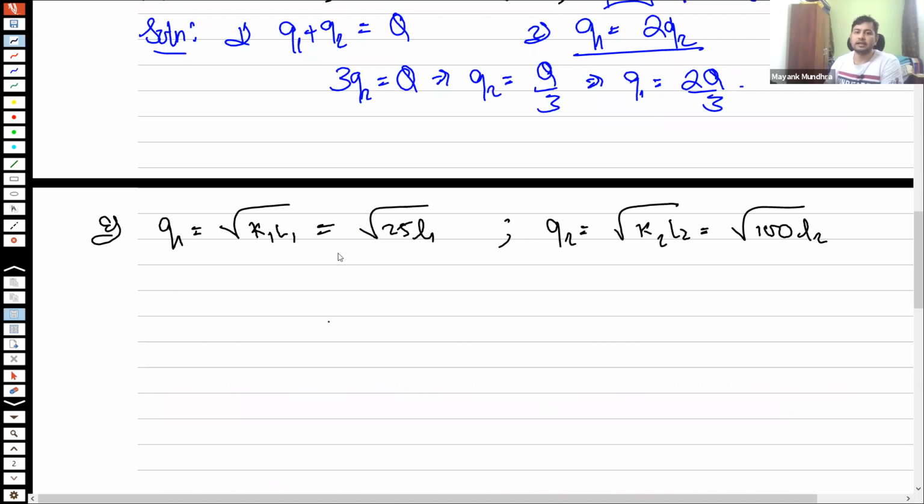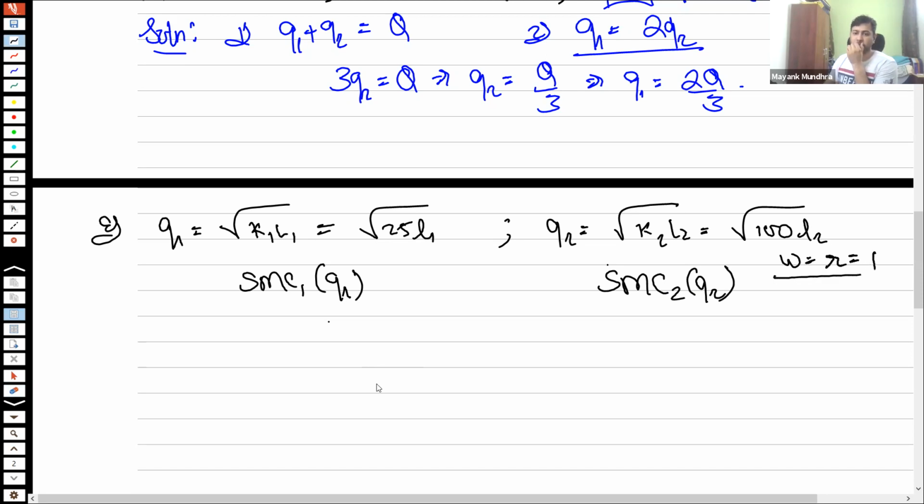So what I need right now is short-run marginal cost in plant 1 as a function of Q1 and short-run marginal cost in plant 2 as a function of Q2. So that is what you guys need to get. W equals V, where V is basically the rental rate, which is 1, so that will ease up your calculations. So tell me what are going to be the short-run marginal costs.